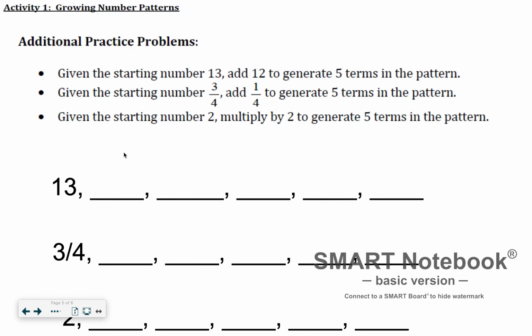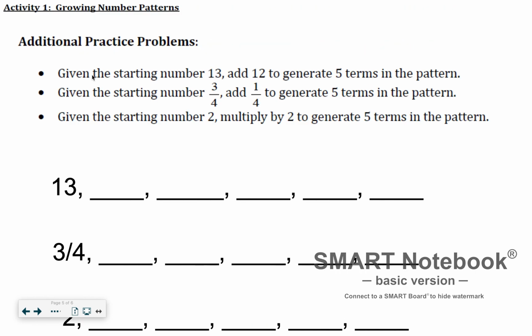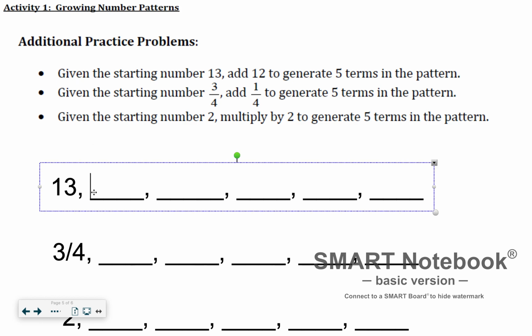Okay, now here are some additional problems. Given the starting number 13, add 12 to generate 5 terms in the pattern. So if we start with 13 and we add 12, what do we get?